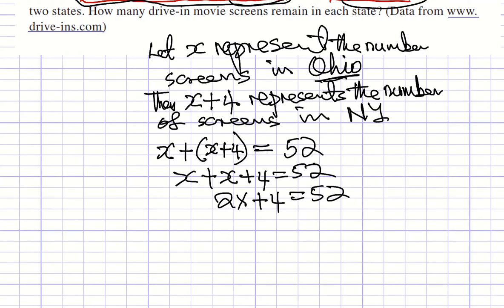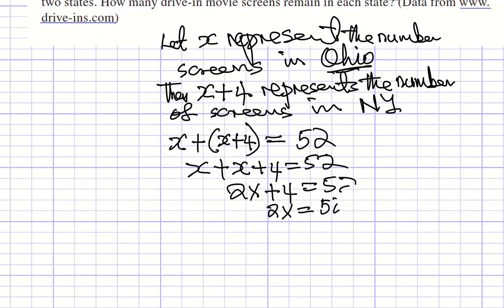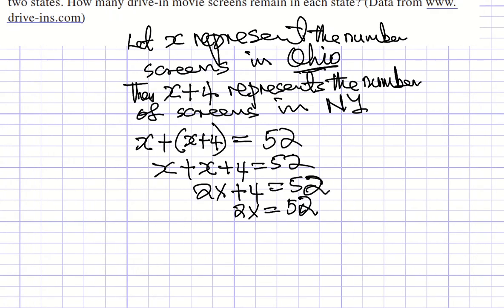And then we'll move to the other side. 2X is equal to 52 minus... no, sorry. Let's back up a little bit. I'm going too fast.